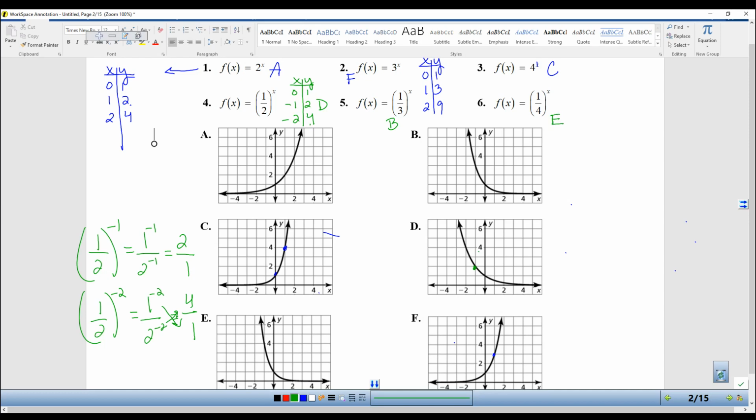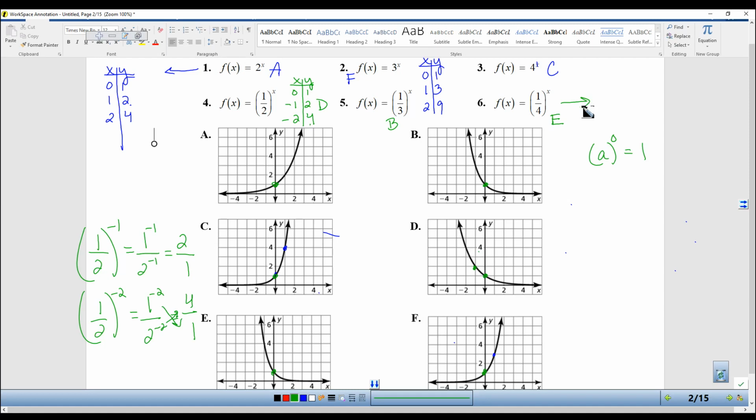But what I really want to do is make sure that you see a couple connections between all of them. And that is that on every single one of them, the y-intercept is 1. That's because in exponential functions, anything to the 0 power is 1, whether this is a fraction or a whole number, so they all go through that point.